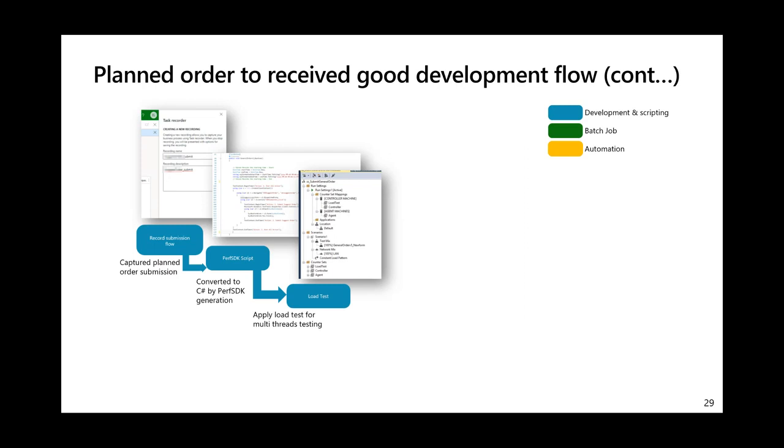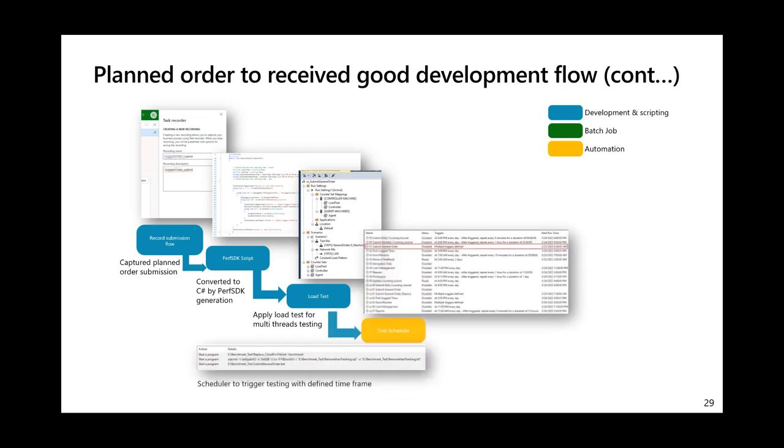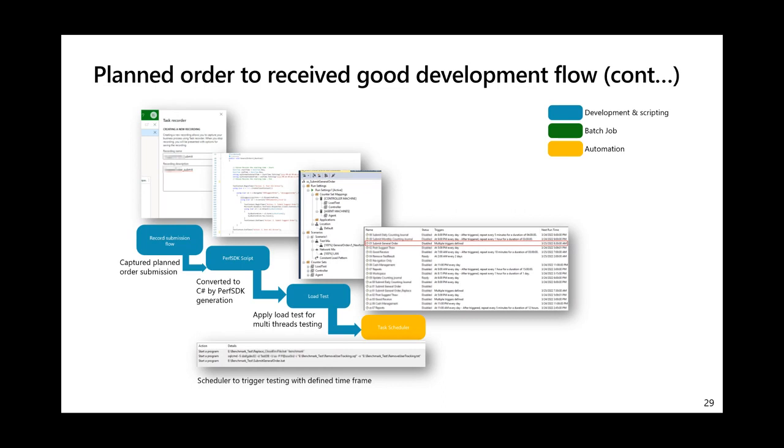In my case, I have simulated more than 5,000 retail user submissions in an hour. So you need to decide what your load pattern is in the load test. You can also refer to the Part 2 Tech Talk. There are explanations of how to configure the load pattern in the load test project. And then I have used the task scheduler to automate the action as well.